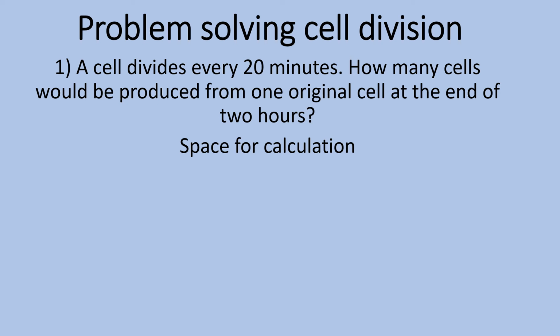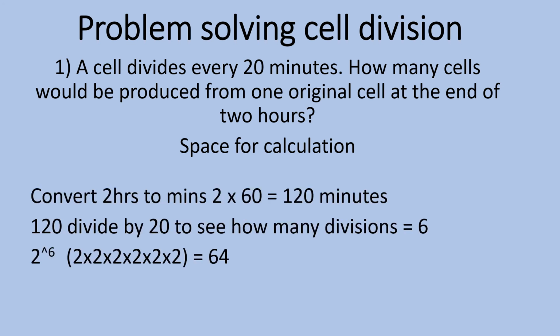Then you can do it in 2 ways. You can either do 2 to the power of 6 in your calculator, or you can do 6 2's together as shown, so the answer should give you 64. So as you can see, convert 2 hours to minutes, so you get 2 times 60 equals 120 minutes. 120 divided by your 20 minutes to see how many divisions, so there were 6 divisions.